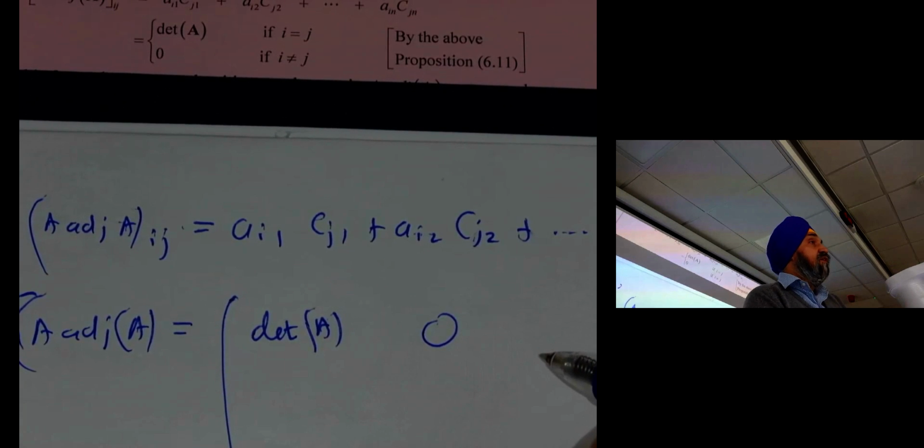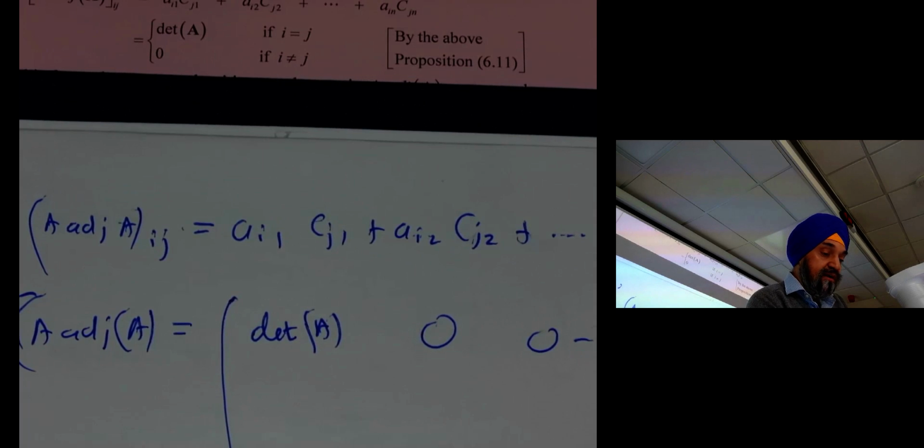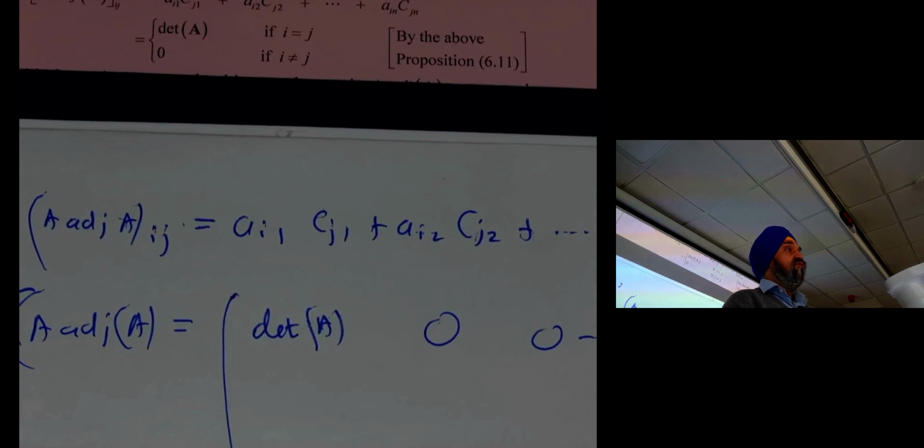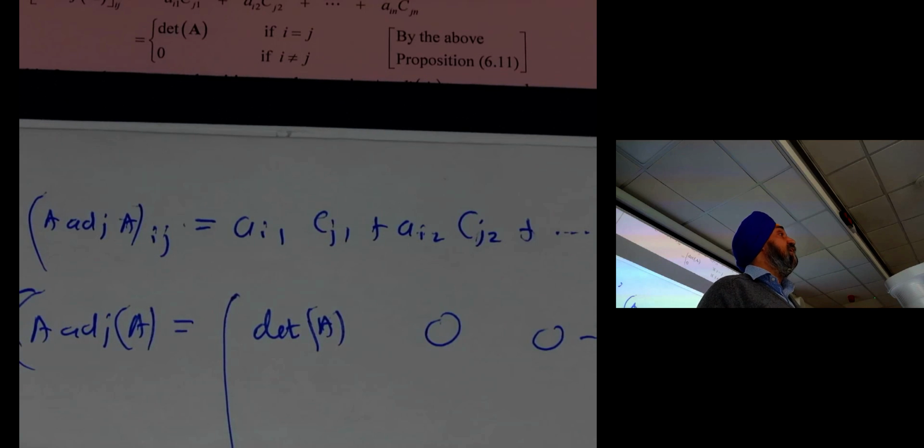The third entry here? Yeah, 0 all the way. They're all going to be 0, aren't they? So where are you going to get non-zero entries in the whole matrix? Yeah, along the leading diagonal.